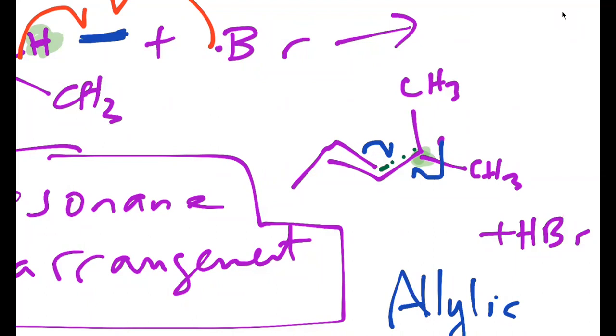So I'm going to take those 2 electrons and move them there to make a new pi bond. And then I'm going to take the other electron in the pi bond and move it to this carbon right here. Every allylic radical is going to rearrange the same way. I've got some examples on this handout, and after we finish this, we're going to walk through those. All right. What should I get from that?